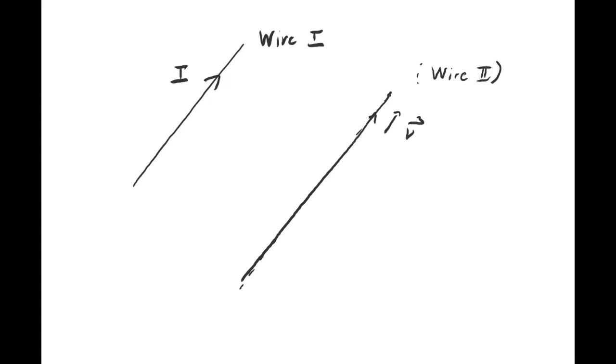What happens is that wire 2 gets attracted to wire 1. So there's some force, which I can designate by a vector. Let's call that vector F. I have a vector F, and I have a velocity vector that describes charges moving in that wire.